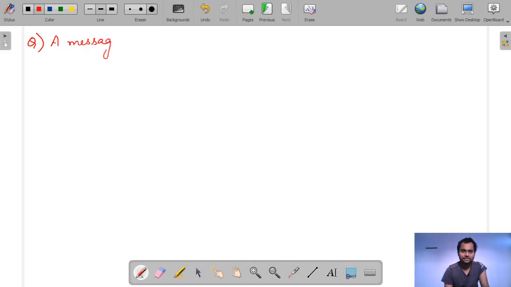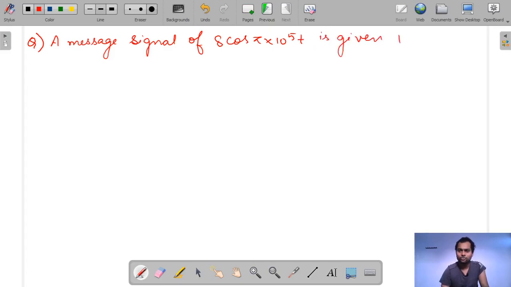A message signal of 8 cos pi into 10 to the power 5t is given to a PCM system.